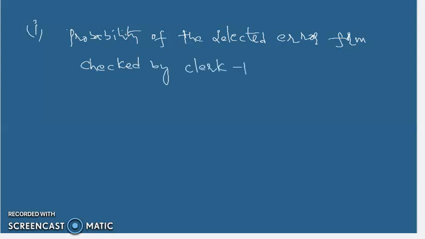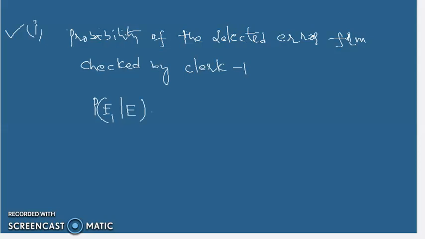This is the problem we are going to find in the first sub problem in this problem. So P of E1 by E, we are going to find P of E1 by E here.